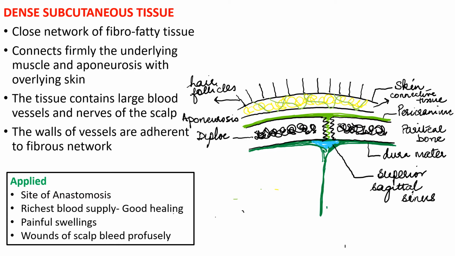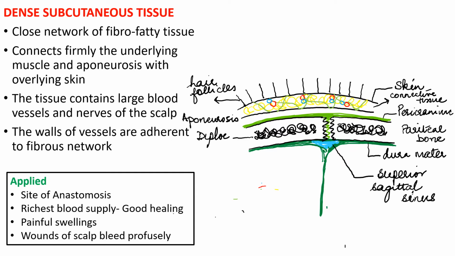So if I was to draw an artery and a vein, I'm drawing the arteries first. The walls of these blood vessels are adherent to the fibrous septa. There are also veins present with the arteries.